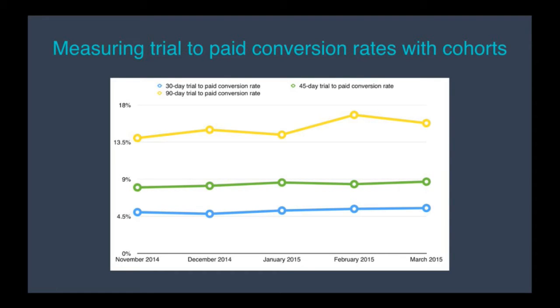You take all the accounts that have their 30th day since the account was created falling in the month of January, and then you work out what percentage of those accounts are now paying. That's your 30-day trial to paid conversion rate. And you can then do that for 90 days and extrapolate that out.